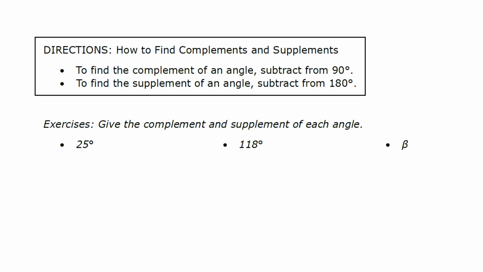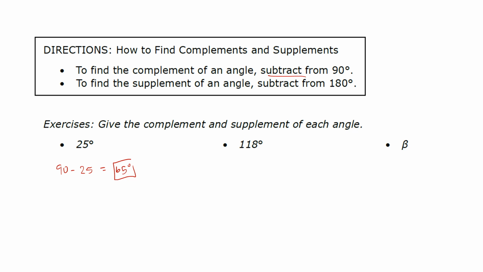To find the complement of 25 degrees, we're going to subtract from 90. So 90 minus 25 equals 65 degrees. The complement of 25 is 65.